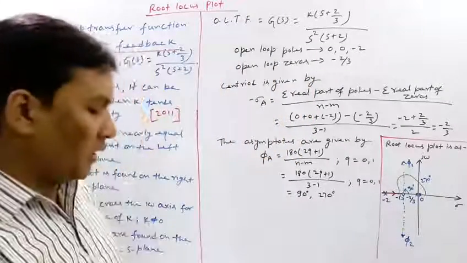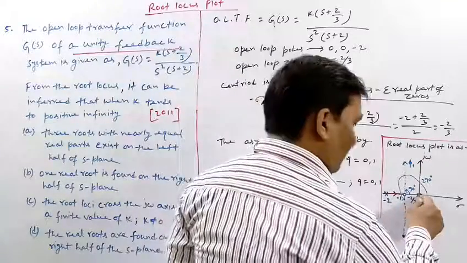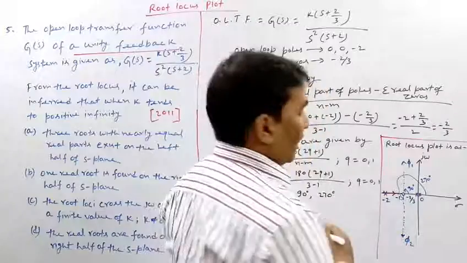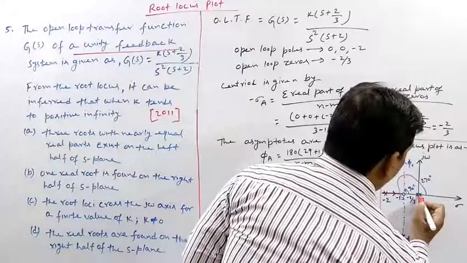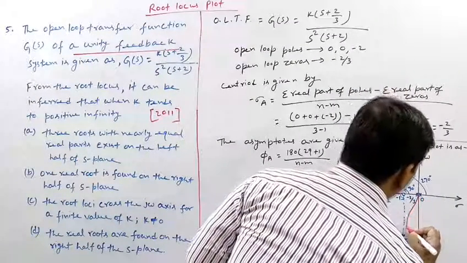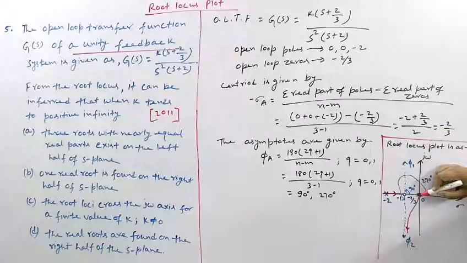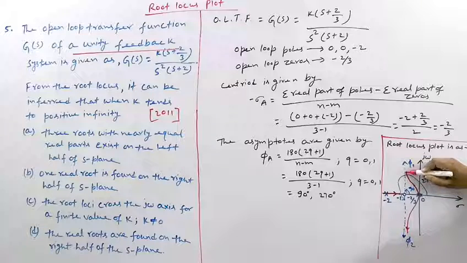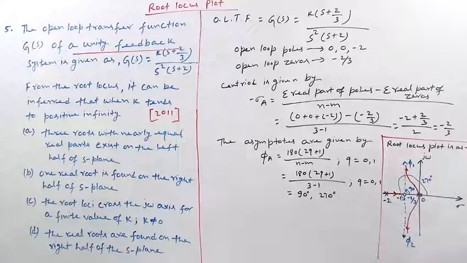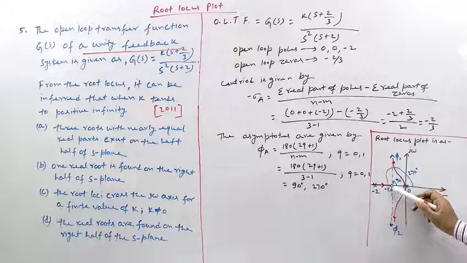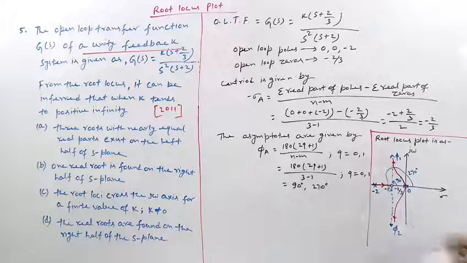Both will originate from the origin, that is, at s equal to 0. One branch will be like this, and the other branch will be like this. One branch will terminate along asymptote number 1, that is phi 1, and the other branch will terminate along asymptote number 2, that is phi 2.